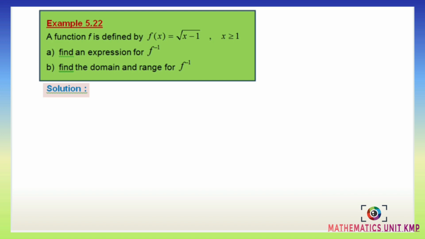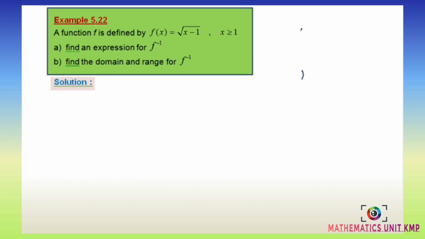For example 5.22, the question is: a function f is defined by f(x) equals square root of x minus 1 and x greater than or equal to 1. Find an expression for f inverse and find the domain and the range of f inverse.